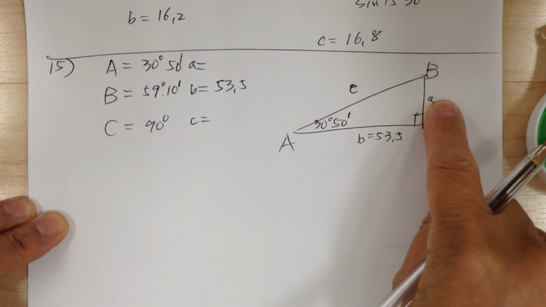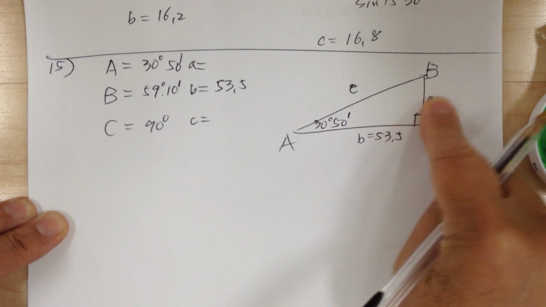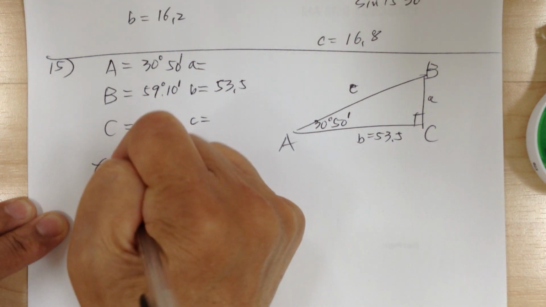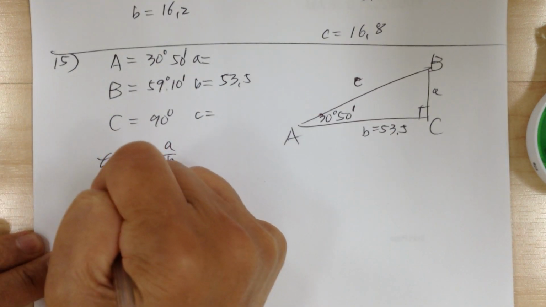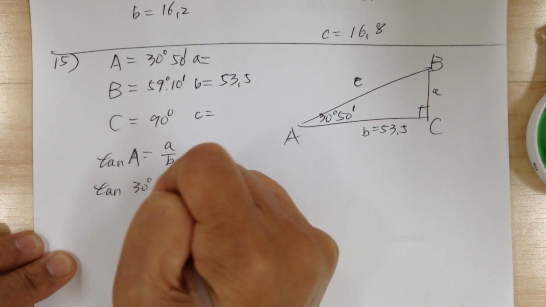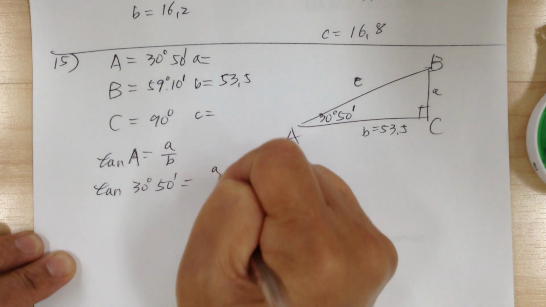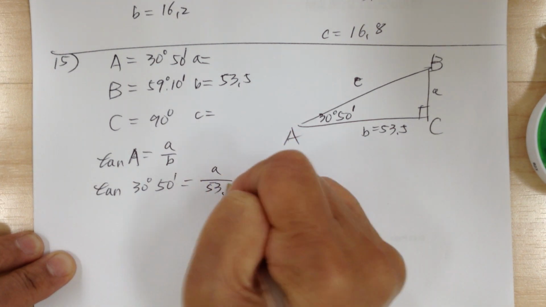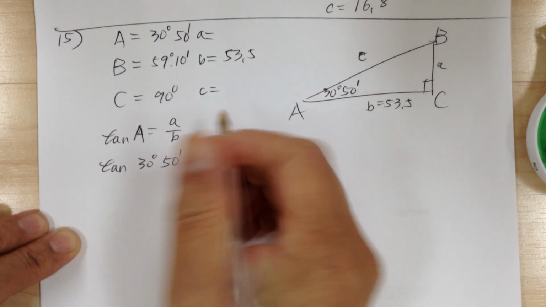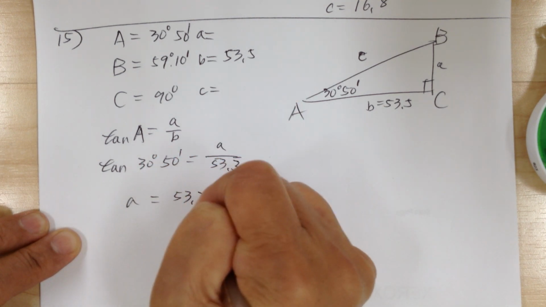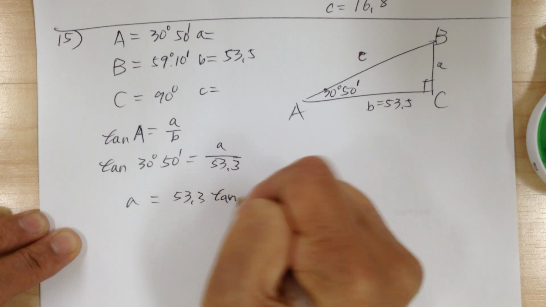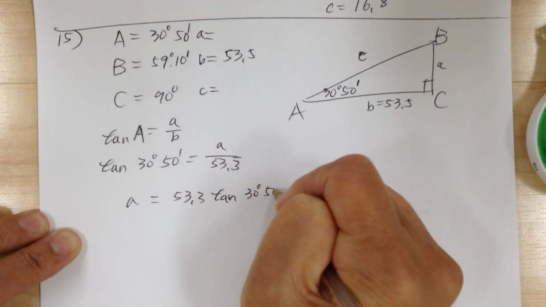So I'm looking for a. And this is your tangent. So it'll be tangent A equals a over b. So tangent of 30 degrees and 50 minutes equals a over 53.5. So cross multiply. So a equals 53.5 tangent of 30 degrees and 50 minutes.